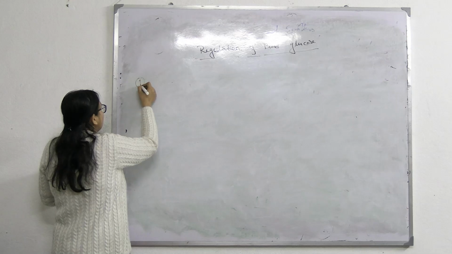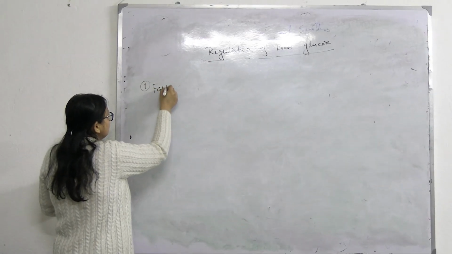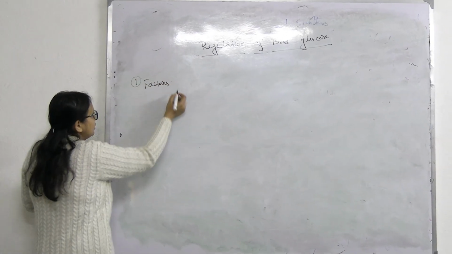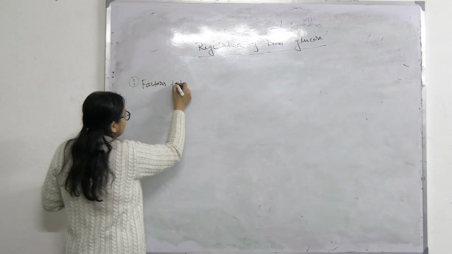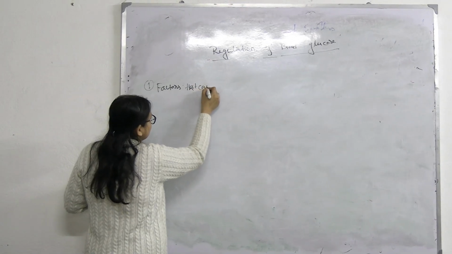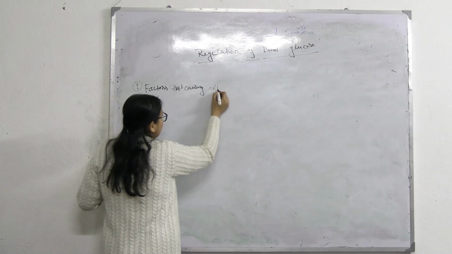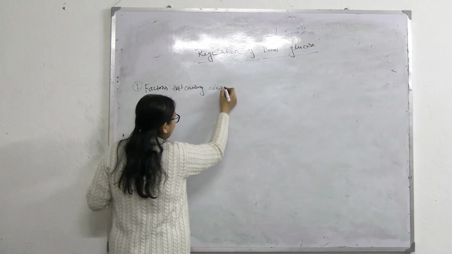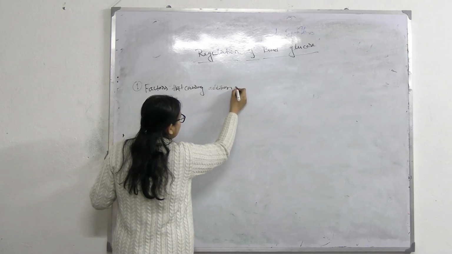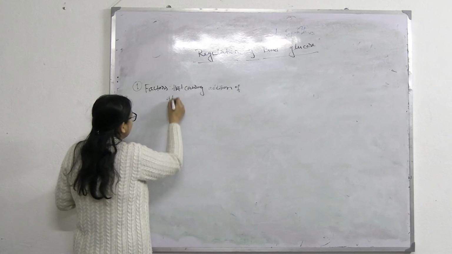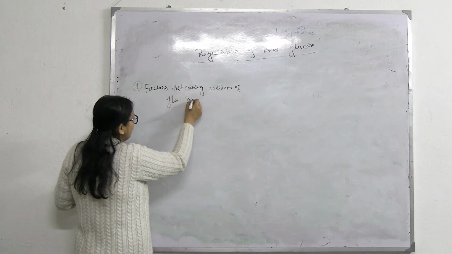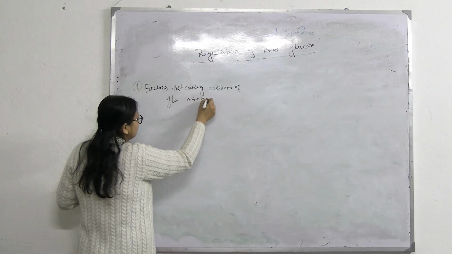The first group are factors that cause addition of glucose into blood.